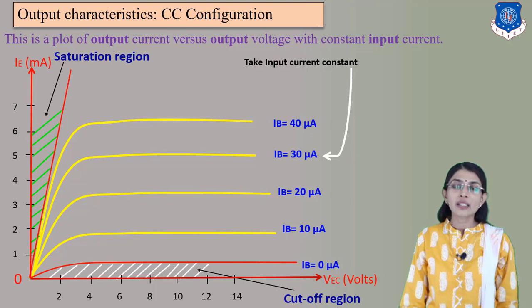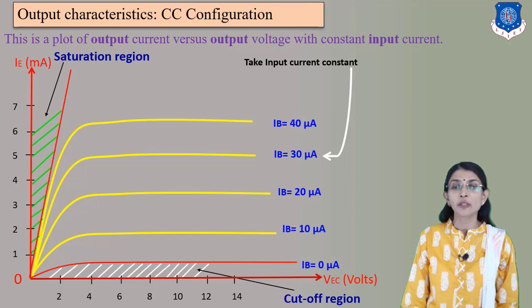From this characteristic, I want to explain that cutoff and saturation regions are very useful for the application of any BJT when it works as a switch. In cutoff region, the input current is 0 and ideally the output current is 0. But practically we are getting a very small current, and that is known as cutoff region.